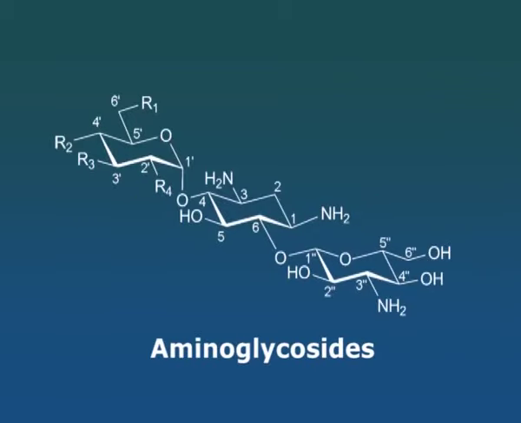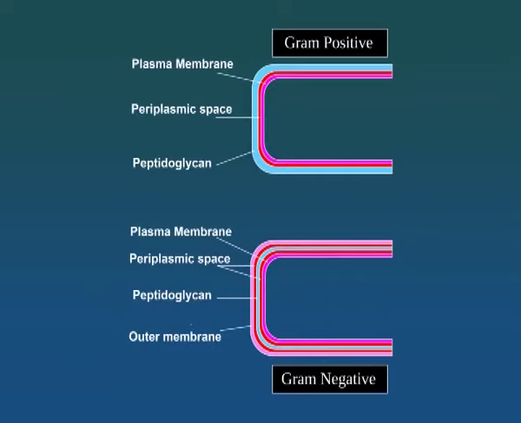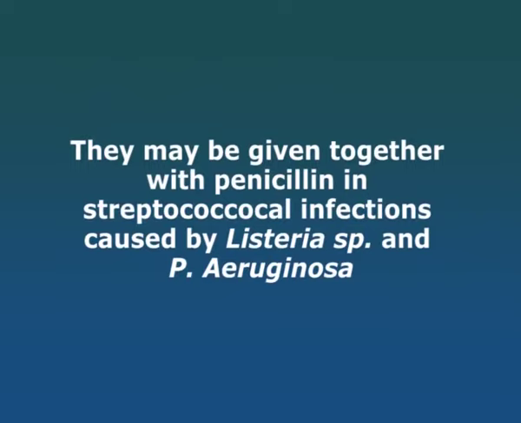Antibacterial spectrum. The aminoglycosides are effective against many aerobic, gram-negative and some gram-positive organisms. They are most widely used against gram-negative enteric organisms and in sepsis. They may be given together with penicillin in streptococcal infections, and are used against Listeria species and Pseudomonas aeruginosa.